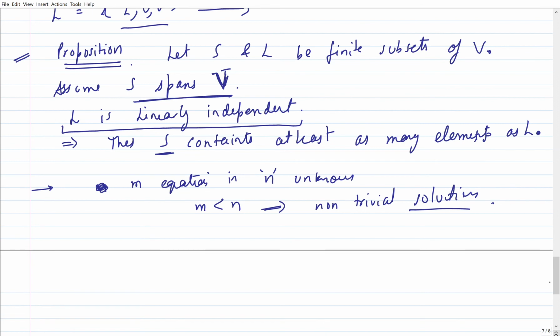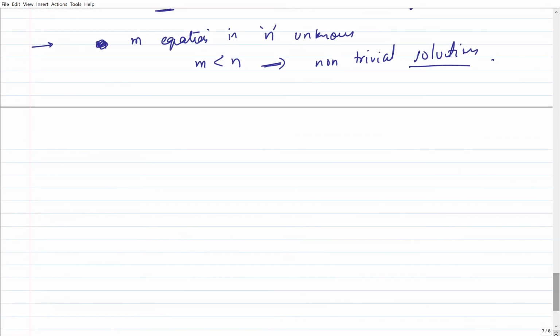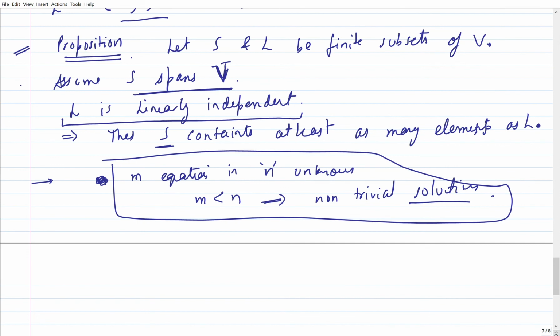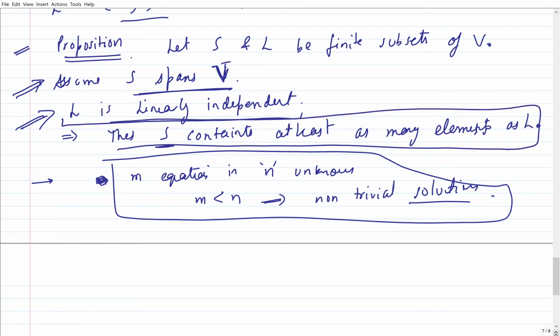So how do we use such a result and combine it with the two conditions given to prove what we need, that the set S contains at least as many elements as L.